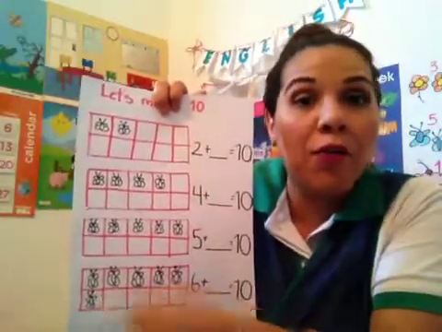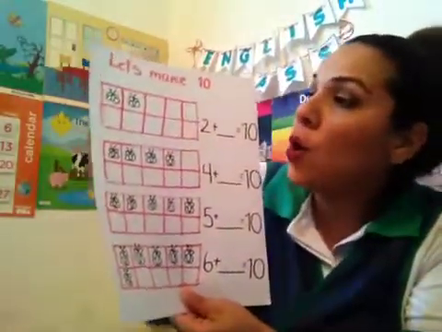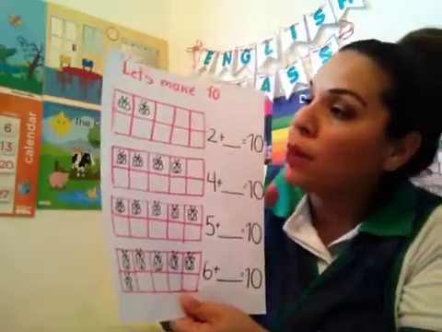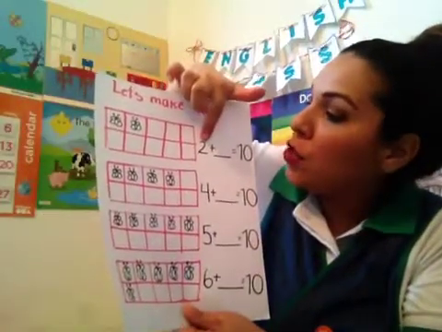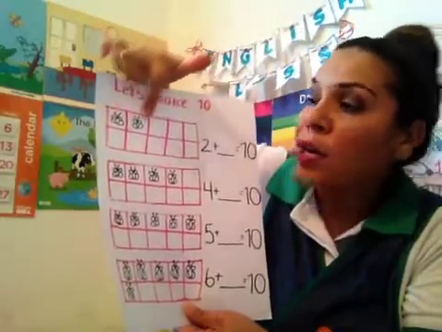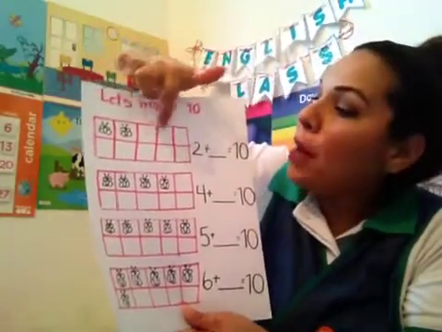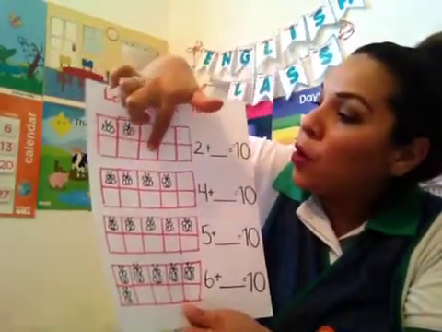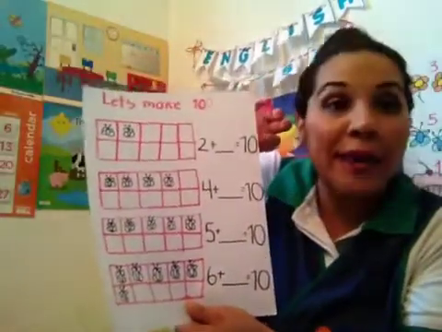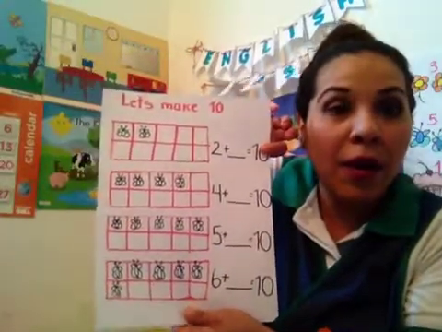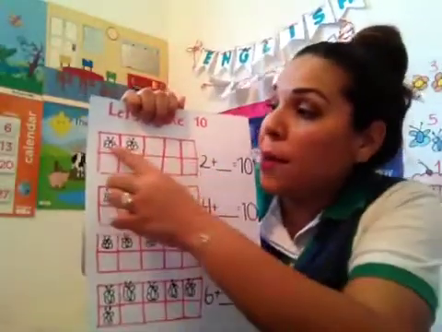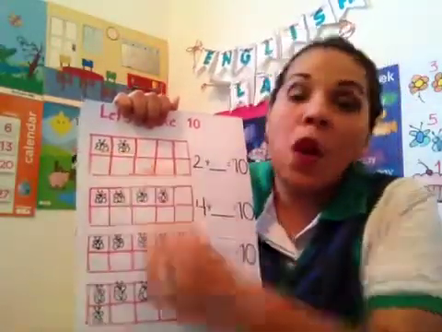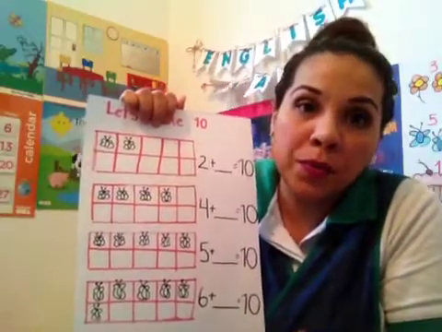We have butterflies right here. So on the first one, we have 2 right here. 1, 2. How many butterflies are you going to draw to make 10? Okay? How many? You need 10 butterflies, but you have only 2.